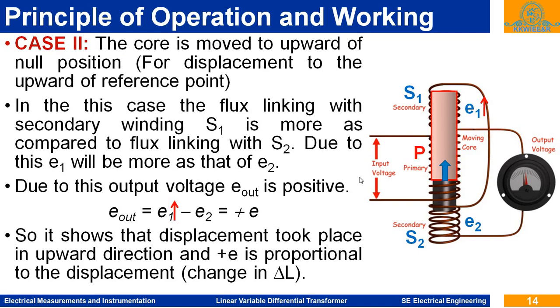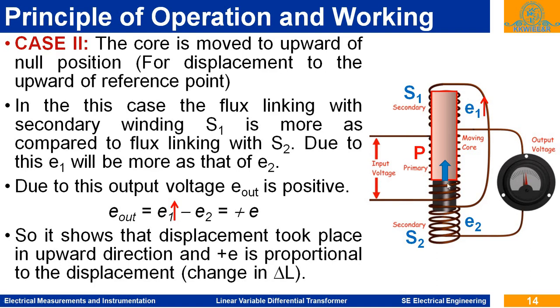Now case 2, we shift this iron core in the upward direction. The core is moved upward of the null position, for displacement to the upward of the reference point. In this case the flux linking with secondary winding S1 is more as compared to the flux linking with S2.